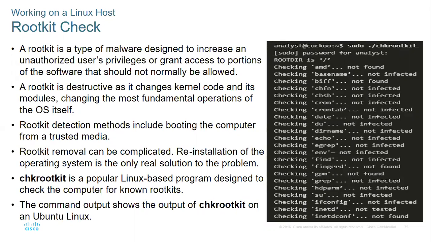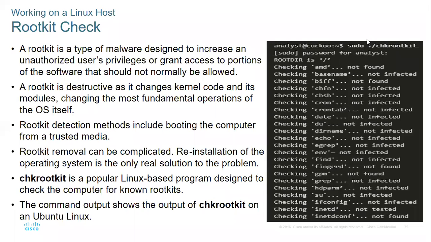When you switch off your system and start it, the rootkit also starts. So this is really an attack which is difficult to detect, because it is working with the operating system.